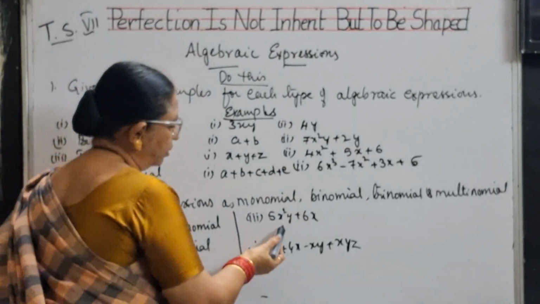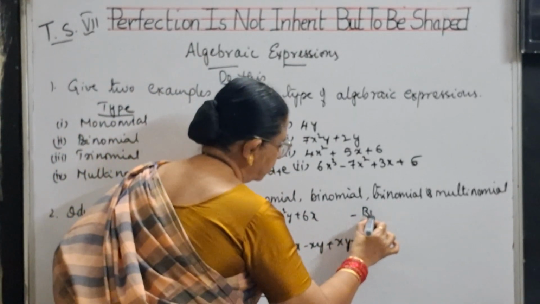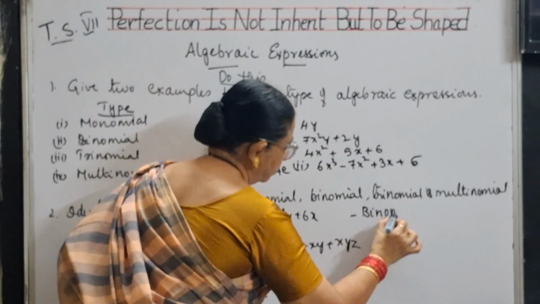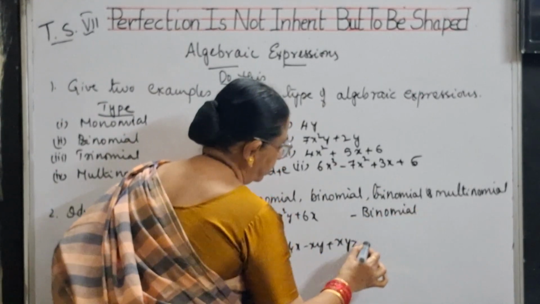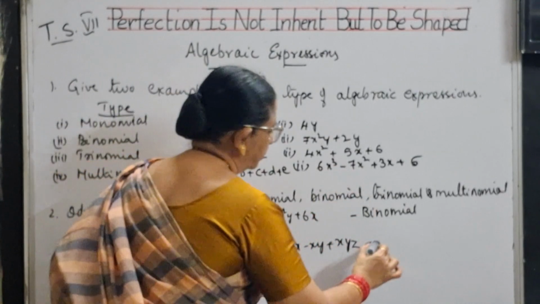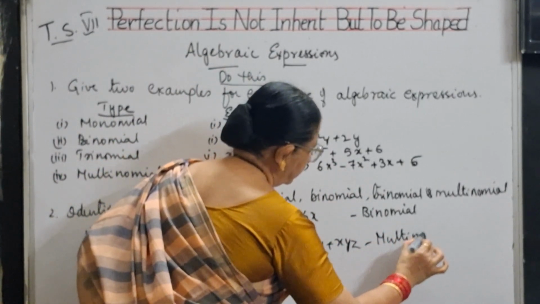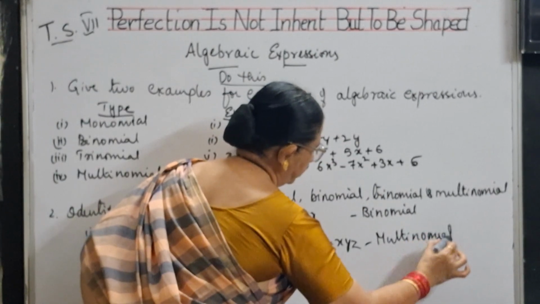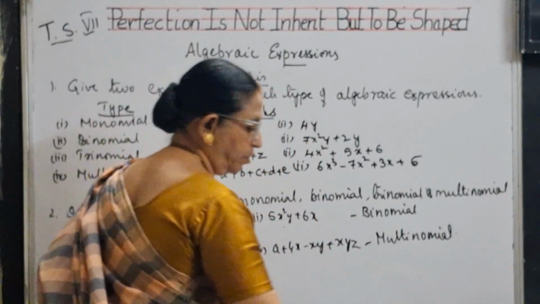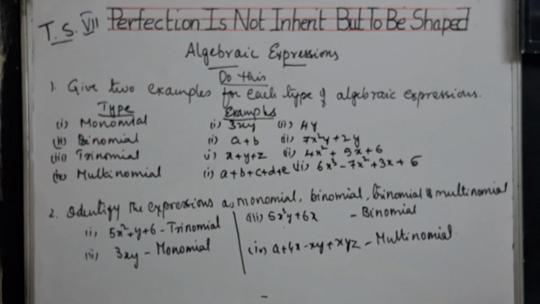And here you have got 1 and 2 terms, so it is binomial. And here 1, 2, 3, 4 terms, so it is multinomial. So these are the sums, children, please note them down.